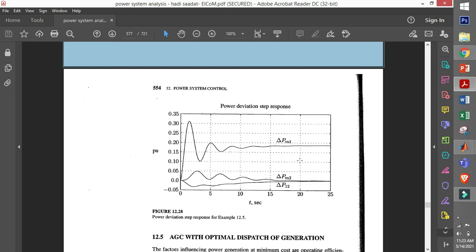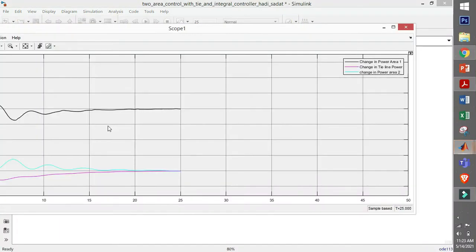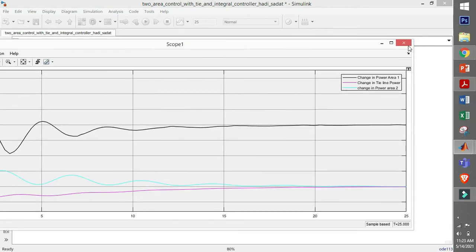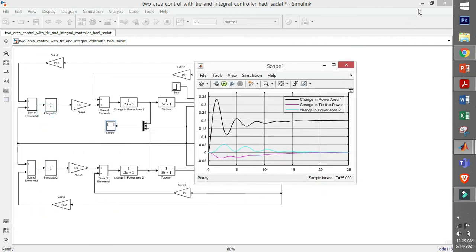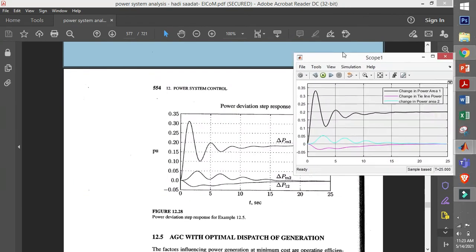Here you can see this curve, and these two curves are also the same.